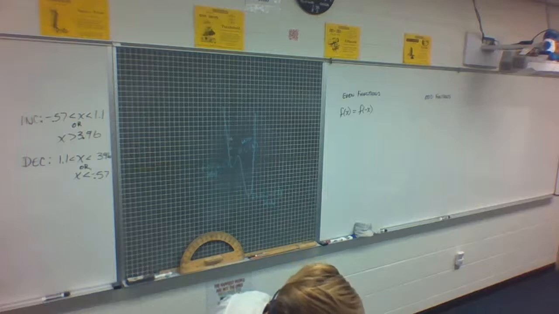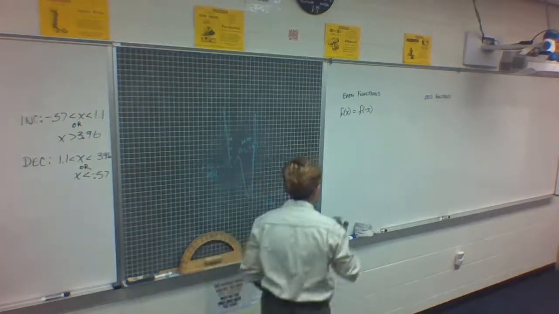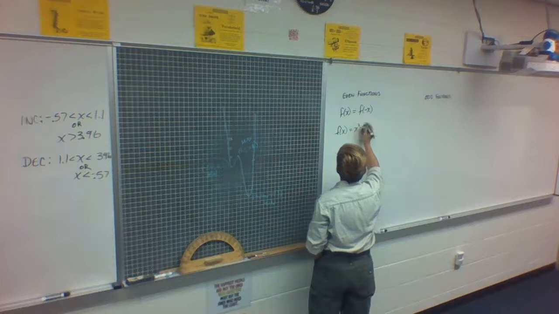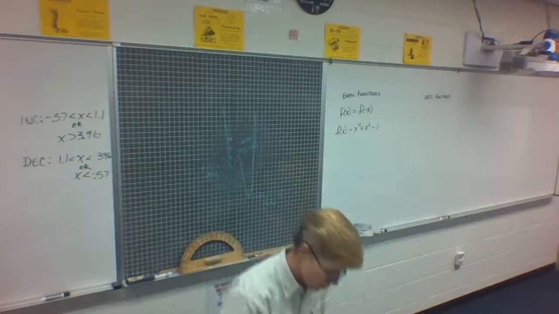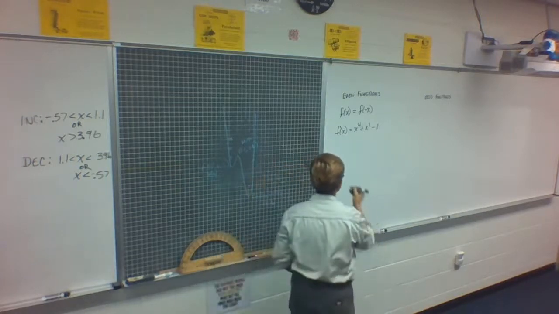G of x, they're calling it G instead of f, it doesn't matter. It means G of x equals G of negative x. G of x is x to the 4th plus x squared minus 1. That's the function I want to have, and I want to know if it's even. I'm testing to see if it's even.